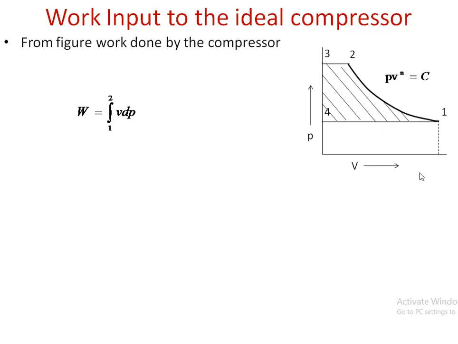Whenever we did PdV, it was about the V axis or X axis. Now we are integrating the curve about the Y axis, here the pressure axis. If I integrate this curve about the pressure axis, I will get the area under the curve 1 to 2. That is nothing but the area enclosed by this entire cycle. So I will do this integration.